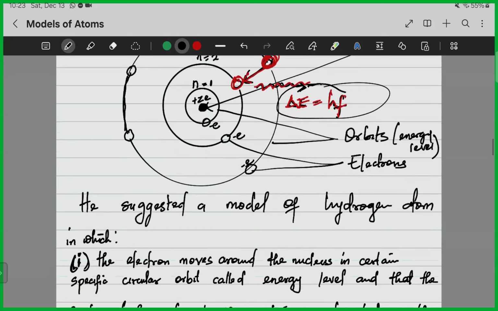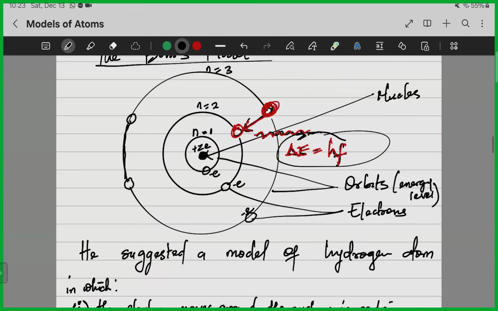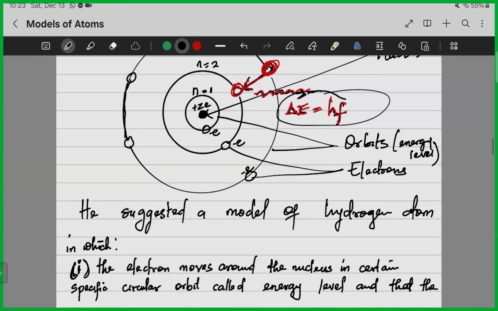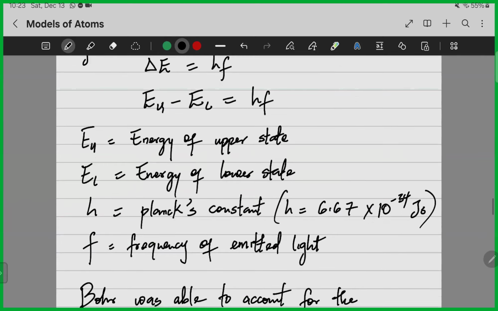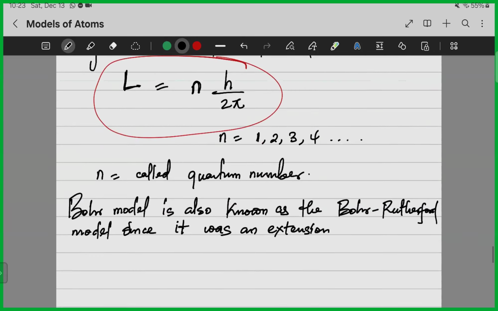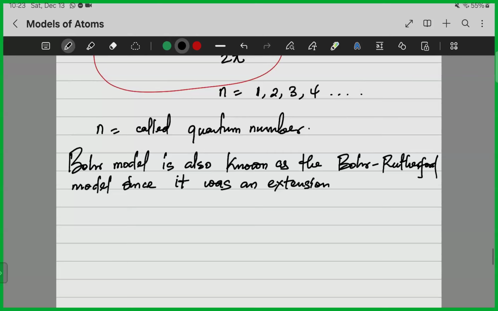We have organized orbits in the form of energy levels. Many facts are similar in the two. The two agree that there is a nucleus that is positively charged and that there are orbits for the electrons that move around that nucleus. That's why people refer to it as the Bohr-Rutherford model. It's an extension of Rutherford's planetary model.